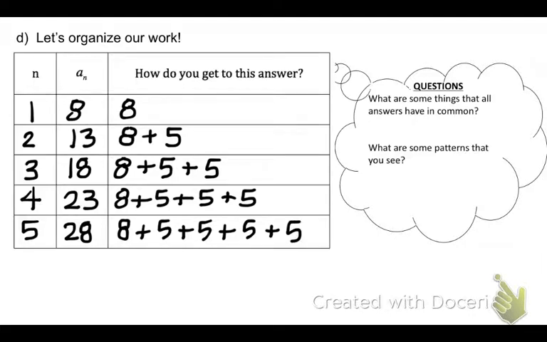You'll notice that there's a pattern. When you think about all the work that's involved, there's actually a pattern here, and that's what we're going to be getting at today. On the right-hand side, you'll see some questions. These are some questions to help you think about the process. What are some things that all the answers have in common, and what are some patterns that you see?